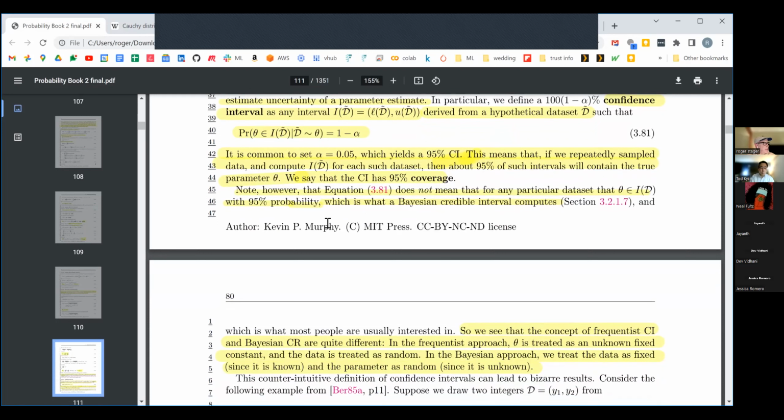I found a paper talking about Bayesian versus frequentist, and there was one line here that I thought helped. It said that the Bayesian credibility region answers a question about the value of theta itself, the probability that the parameter is in the fixed credibility region, while the frequentist confidence interval answers a question about the procedure used to construct the confidence interval, the probability that any potential confidence interval will contain the fixed parameter.